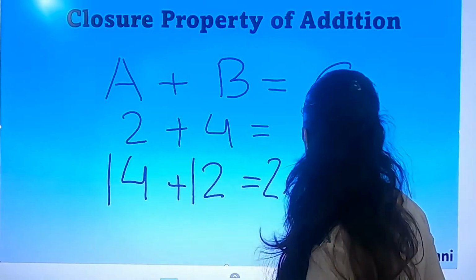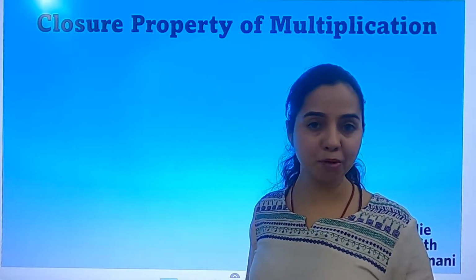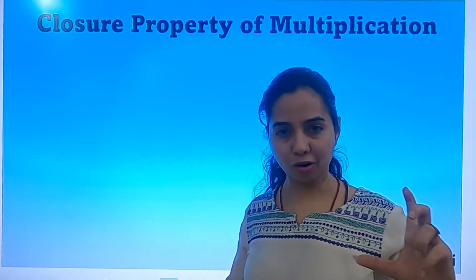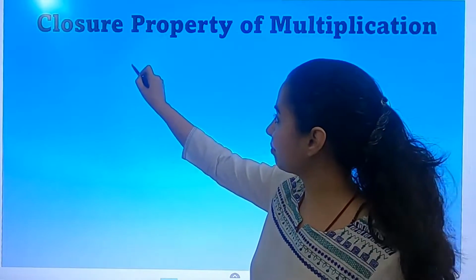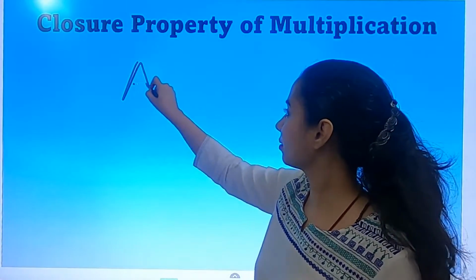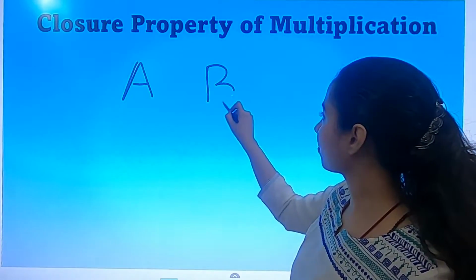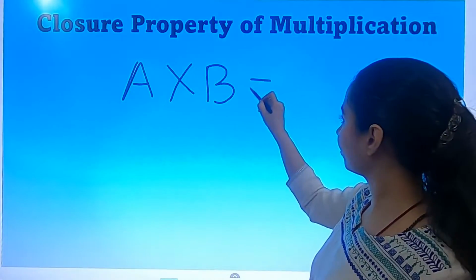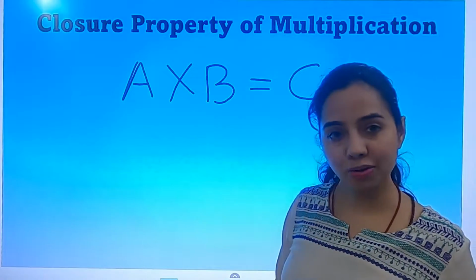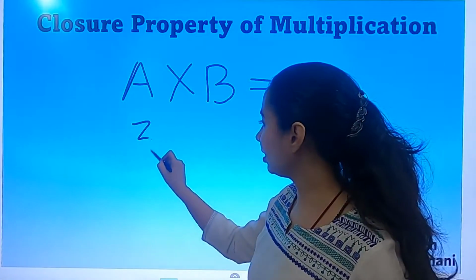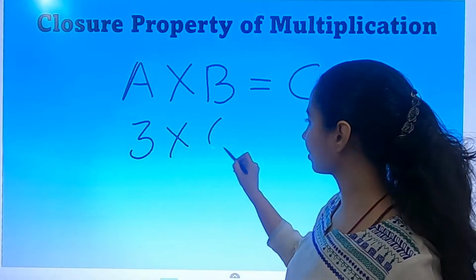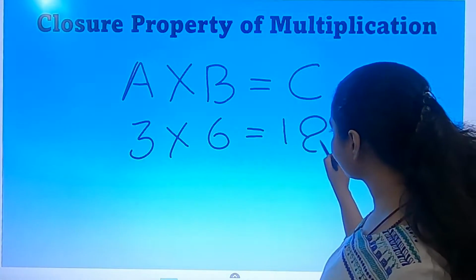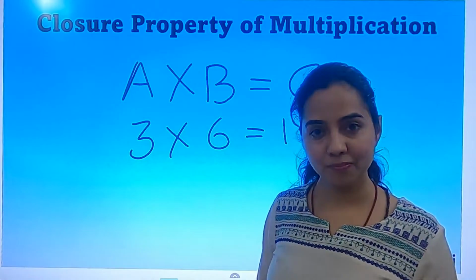Simple. Now we'll talk about the closure property of multiplication. You just have to remember lock and closed. Same thing. A is a whole number, B is a whole number, then the product of A and B, that is C, will also be a whole number. 3 into 6: 3 is a whole number, 6 is a whole number, then the product is 18, a whole number.